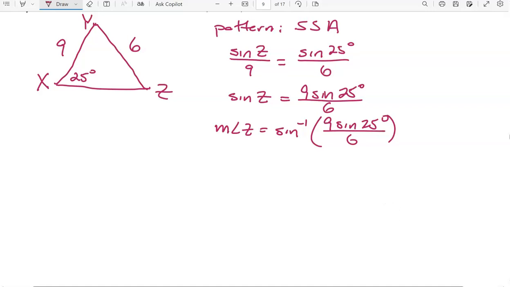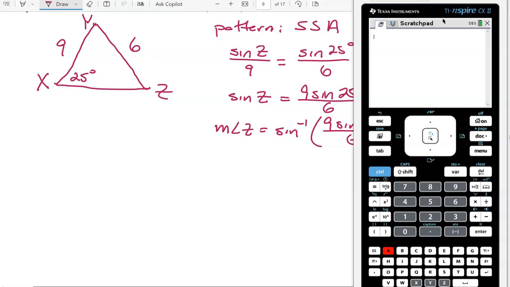The calculator will give us the quadrant 1 angle. So let's enter that. The inverse sine of, control divide for a fraction, 9 times the sine of 25 degrees divided by 6. And that's going to give us an acute angle. So measure of angle Z could be 39.340.